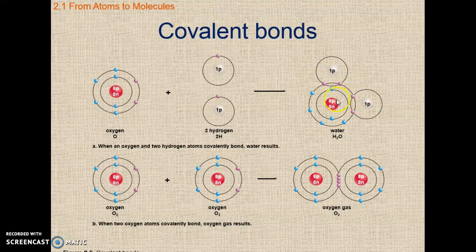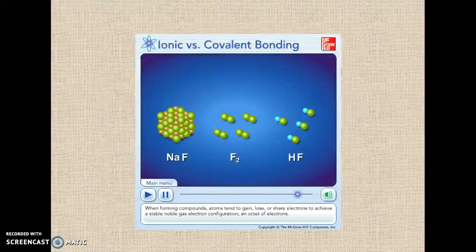This is a fully stable molecule, but the purple represents basically a half. So the hydrogen has 2 half electrons, which is equivalent to 1 whole one, just like here, and so it's stable. And likewise with the oxygen, it's sharing 4, which is equivalent to the 2 that it had over here. So those are covalent bonds where you are sharing the electrons.